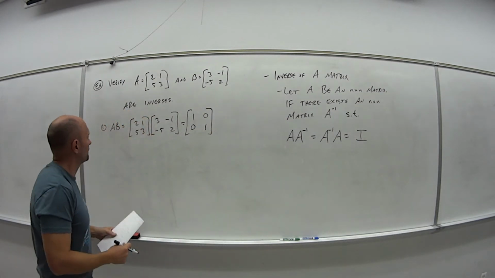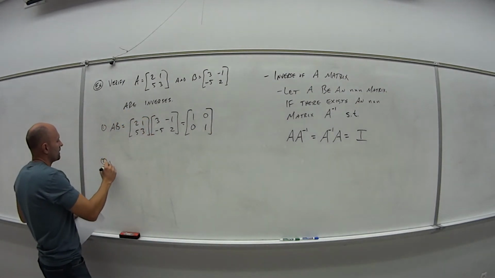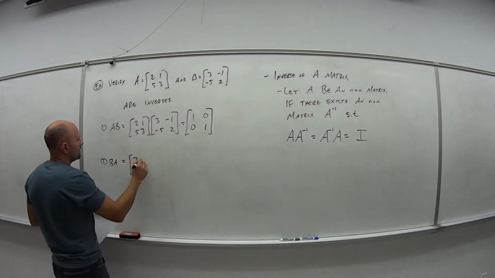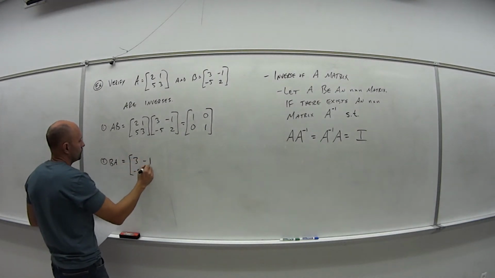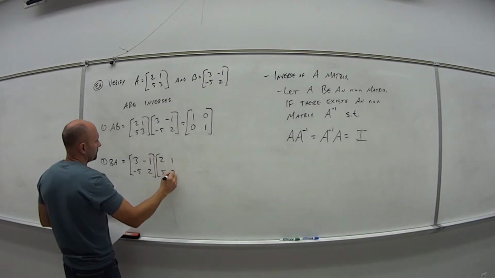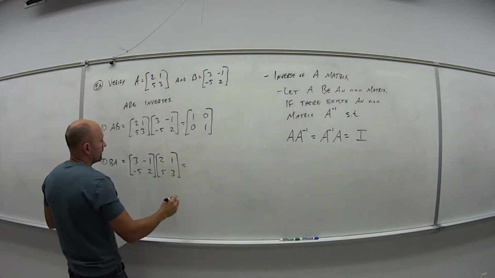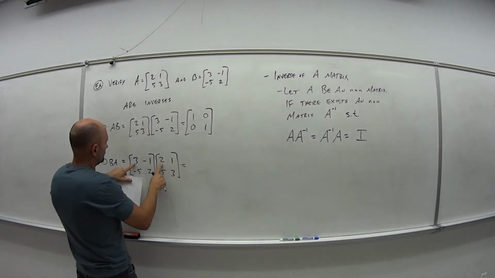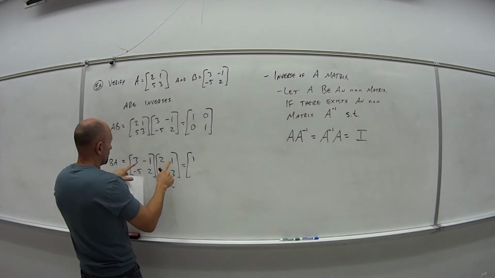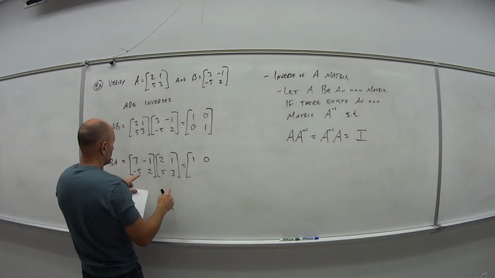So it should be the same as if I do B times A. If I switch them, I get [3, -1; -5, 2] times [2, 1; 5, 3]. Let's try it again. 3 times 2 is 6, minus 5 is 1. 3 minus 3, 0.